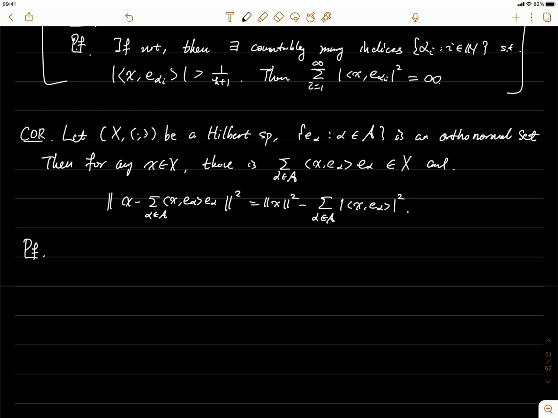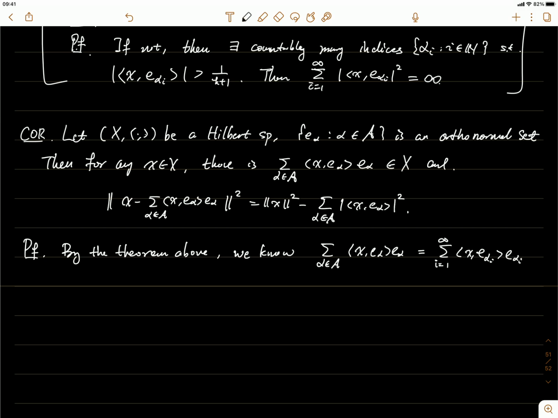So by the theorem above, this sum is essentially just a countable sum, or at most a countable sum. Okay, these e_alpha's form a countable subset of the set S here.